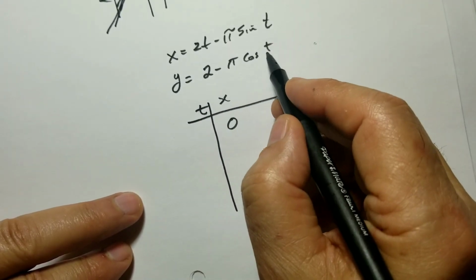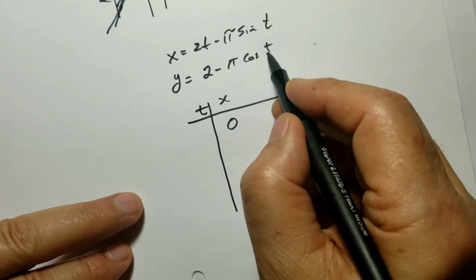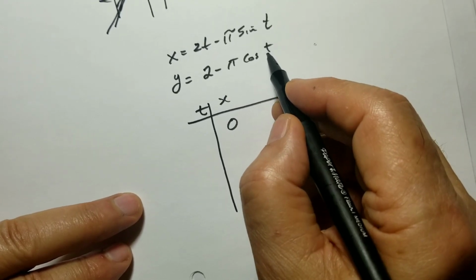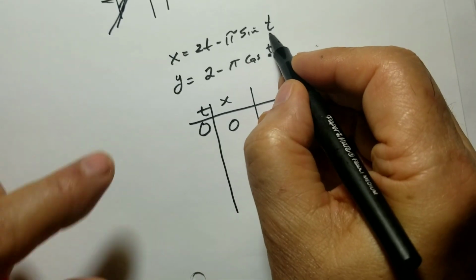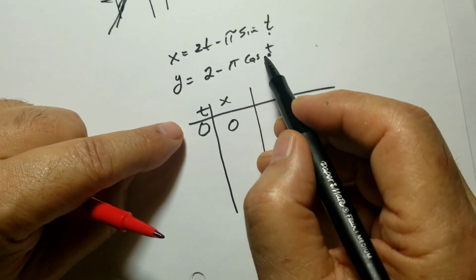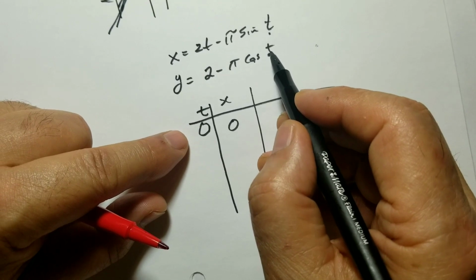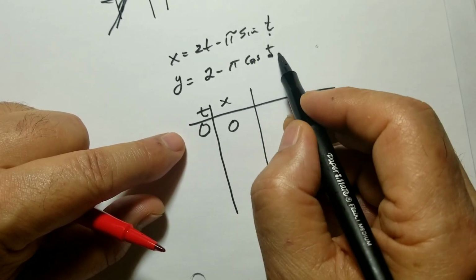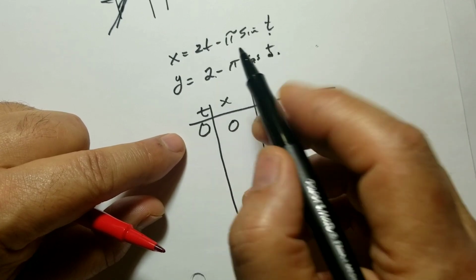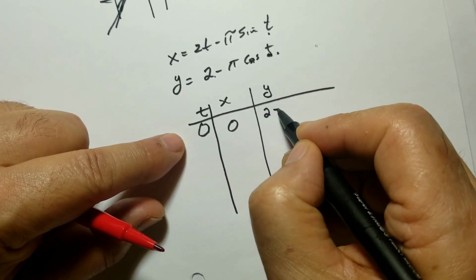And when t is 0, cosine of 0 is 1. Therefore, your y becomes 2 minus pi.